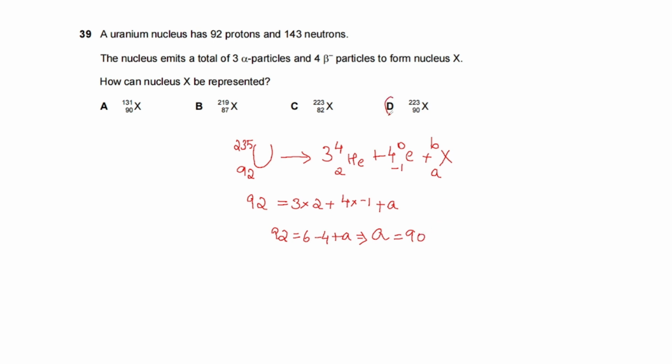So option D or option A. Let's check for the mass number too. That is 235 must be equal to 3 times 4 plus 4 times 0 plus B. So 3 times 4 is 12 plus B is equal to 235. If you do the calculation, you will get the B value as 223. So the mass number is 223, and the proton number is 90. So option D is the correct answer.